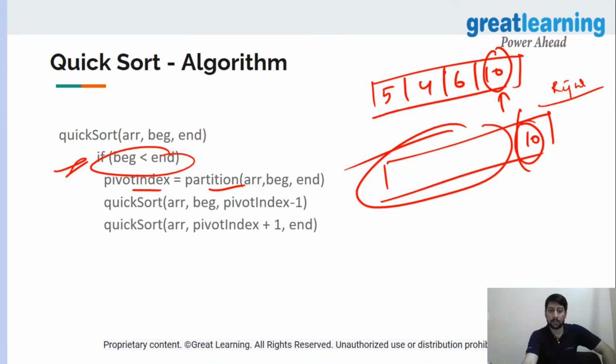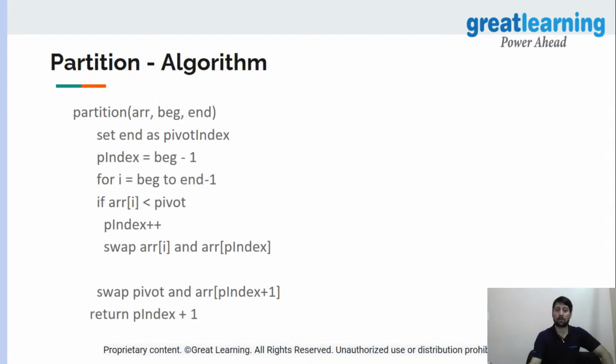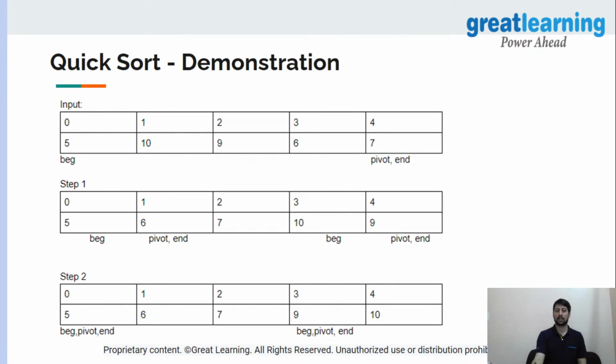Let's first talk about partition. In the partition algorithm, you will see we are passing in the array and the beginning and the end. So you have your beginning index and you have your ending index. Now, a demonstration. You have this array in place. Now your partition is called.